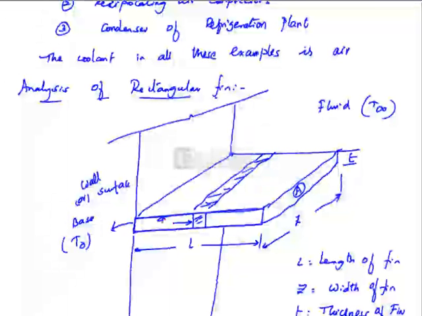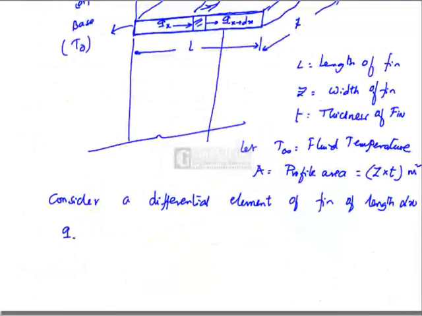Let Qx is the heat conducted into the element. Qx plus dx is the heat conducted out of the element. Q convected is the rate of convection heat transfer from the surface of the element to the fluid at a temperature of T infinity.